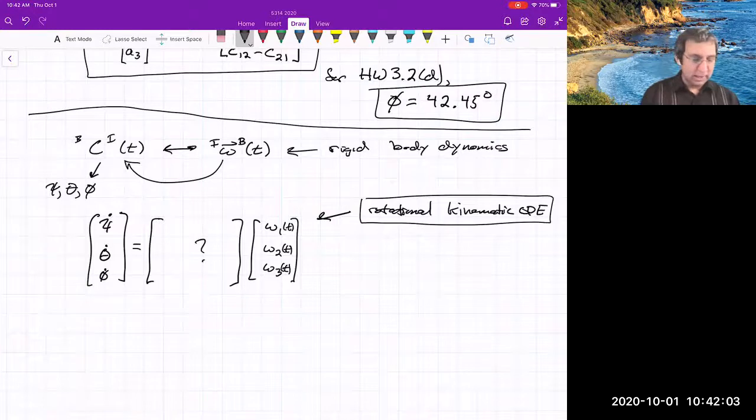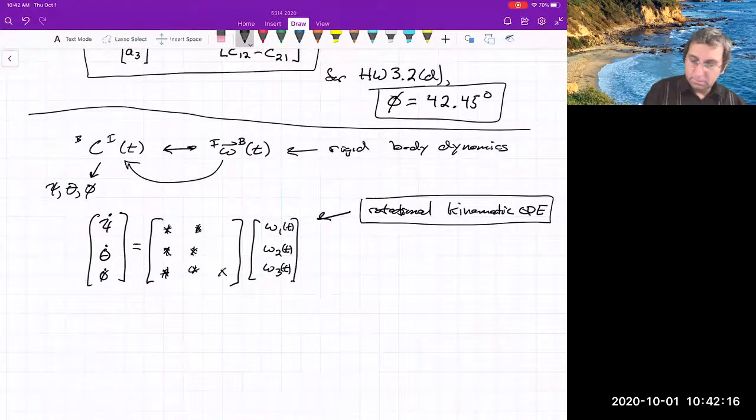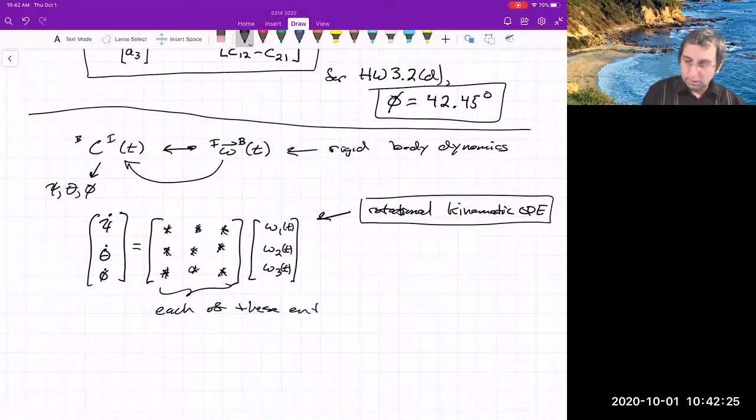But it is a matrix that's got some entries. Maybe I'll put little stars. It's got entries, and these entries depend on the Euler angles. Each of these entries will be some combination of sines and cosines, right?